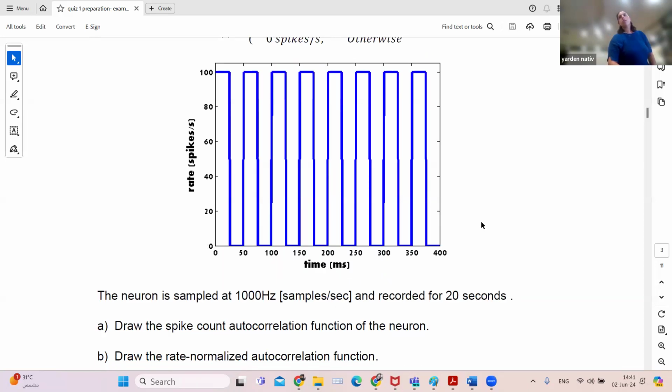The shift can be even 100, yes. Do it for 200, okay? The shift, yes.